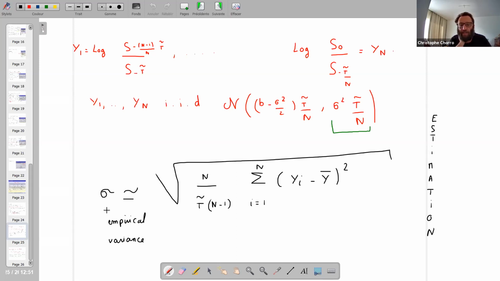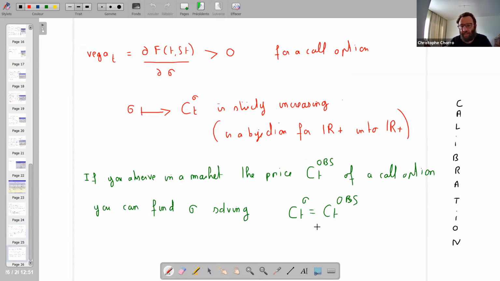And in fact, it's not what we observe in the market. So estimation and calibration in the Black and Scholes model give rise to very different things. And in particular, it underlines the fact that the sigma I obtain here will change if I change the characteristics of the call option I observe.